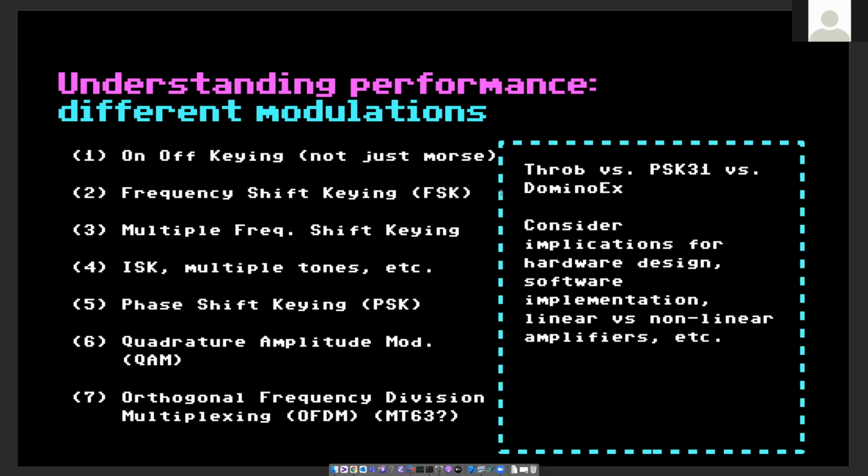What I wanted to point out is there are relative merits for each of the different modes. But one very fascinating one, because I'm interested in the homebrew side of things, is that there are implications for your hardware or your software. One of the things that I find interesting is that FT8 is a frequency shift keyed mode. It is not a linear mode. It's a nonlinear mode, which means you actually don't need to have a linear amplifier to use it.